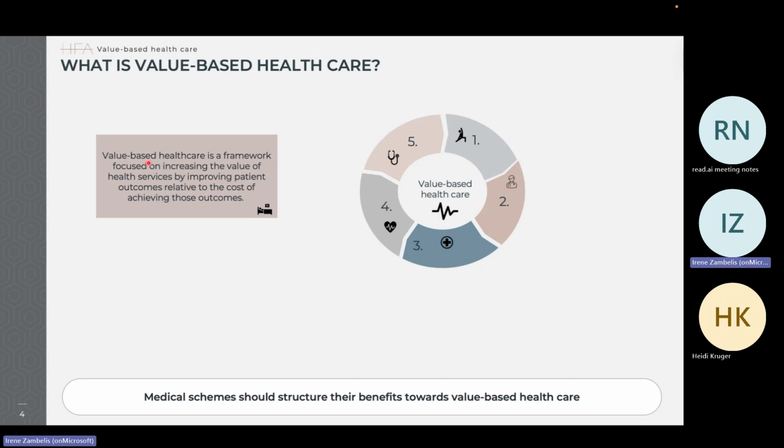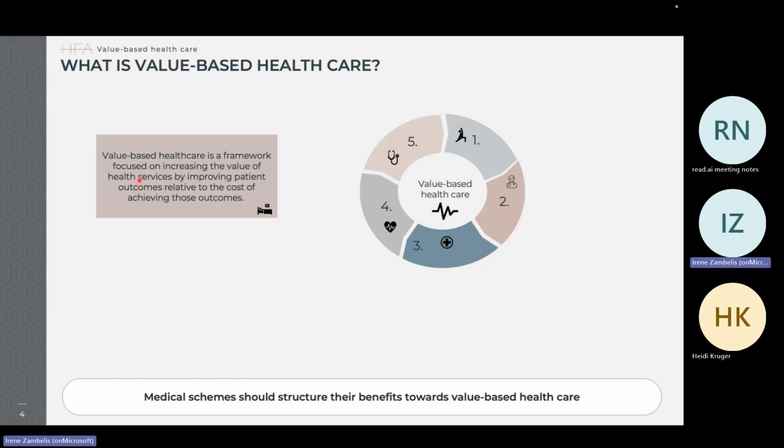What value-based healthcare means is it's a framework that focuses on increasing the value of health services. If someone gets a health service, be it a consultation, an investigation, a treatment, it's got to add value in making that person live longer and have a better quality of life.